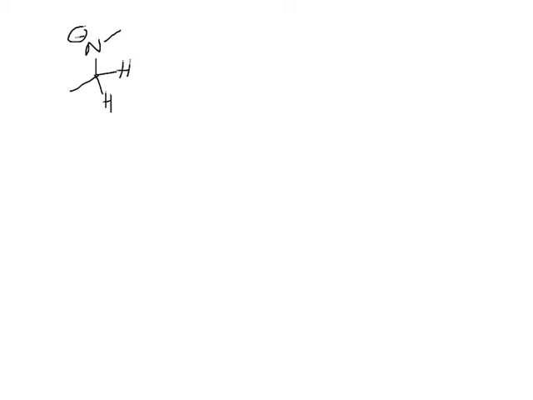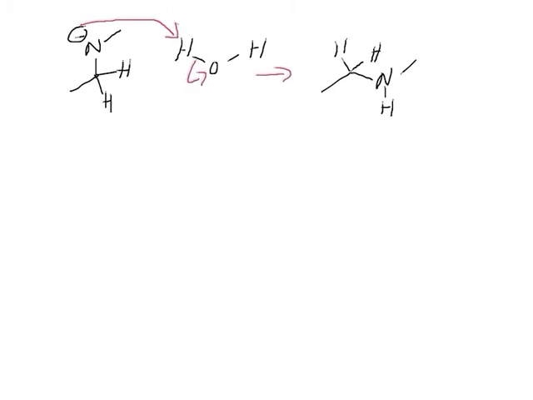So once you run out of chances for leaving groups, that's when the water comes in. And because nitrogen's so unstable, a negative charge is really unhappy, you'll make this amine. You've added these 2 H's as well. So that's why you turn amides into amines, right?